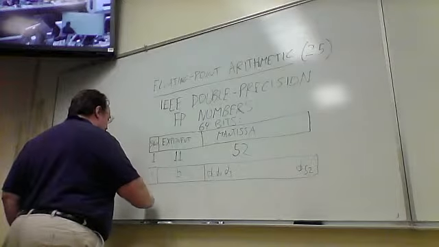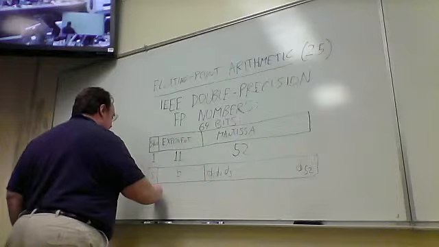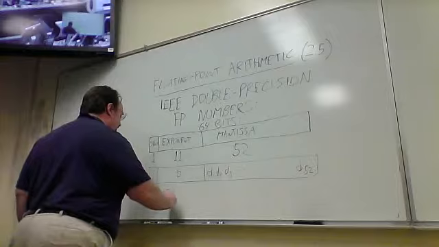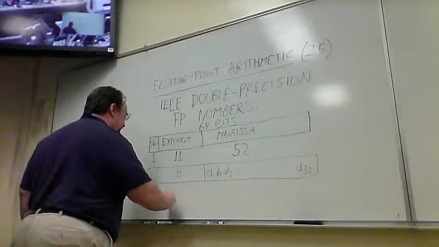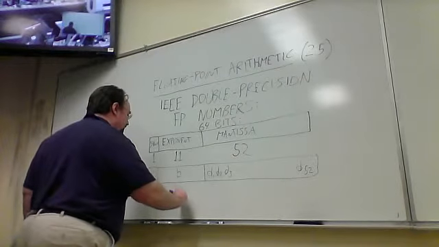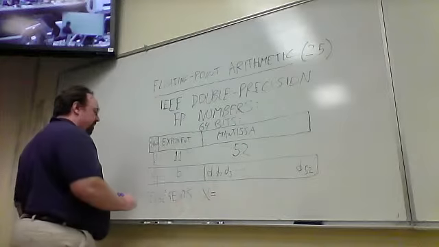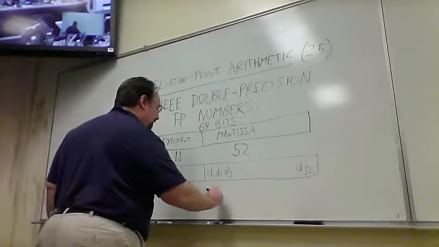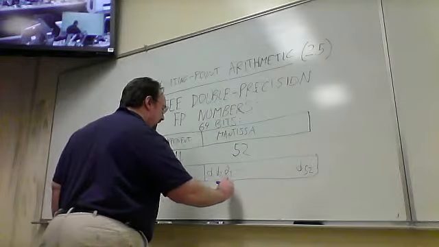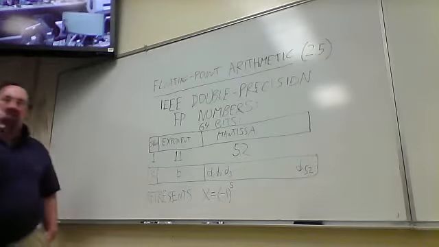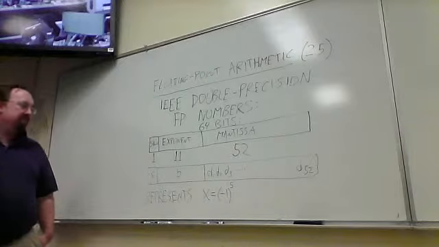So I can use this to describe what real number is actually being represented. So this represents the actual value that's stored in these 64 bits. Okay, so x is equal to (-1) to the S. So that's why 0 is positive, 1 is negative.